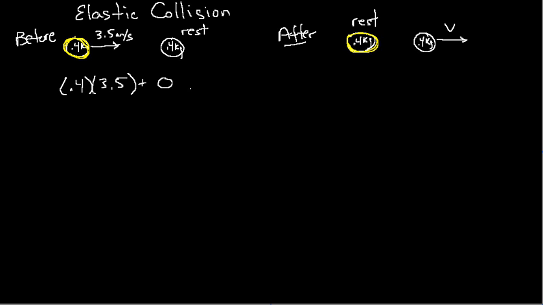That's the total momentum before the collision. After the collision, we've got 0.4 times 0 plus 0.4 times some velocity v. We set that equal because momentum is always conserved in a collision, whether it's elastic or inelastic.